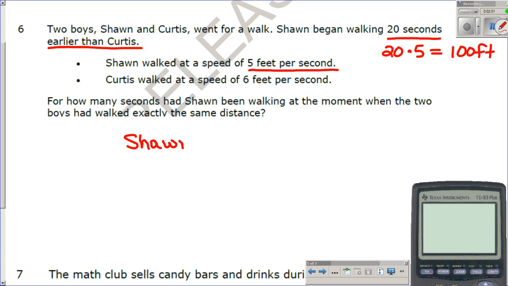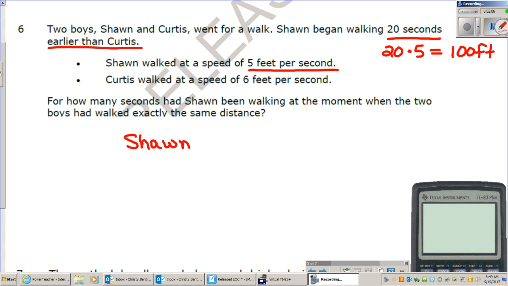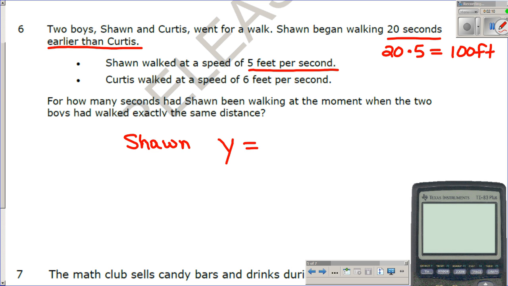So Sean's equation is going to be y equals 5x plus 100: the amount of feet he's increasing is 5 feet per second, and he is already at a 100 feet head start.